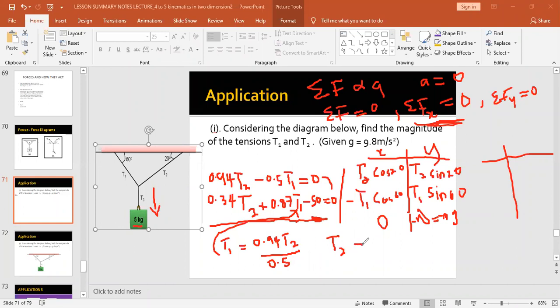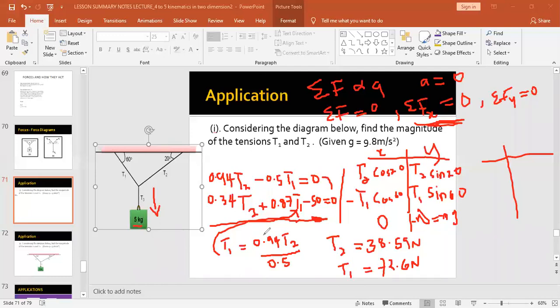So T2, somebody has 38.59 newtons. And then T1 is 72.6 newtons.